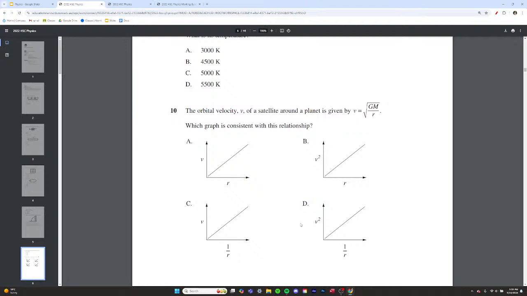Like if you have y equals 2x, you make GM the coefficient. So v squared equals GM times 1 on r. And there's your relationship: v squared against 1 on r.